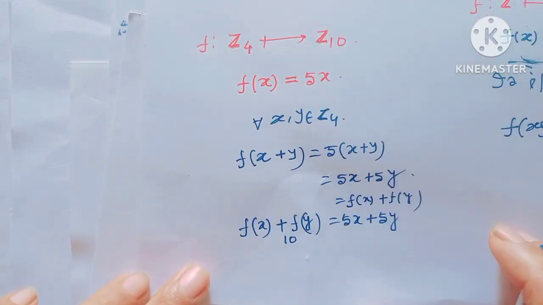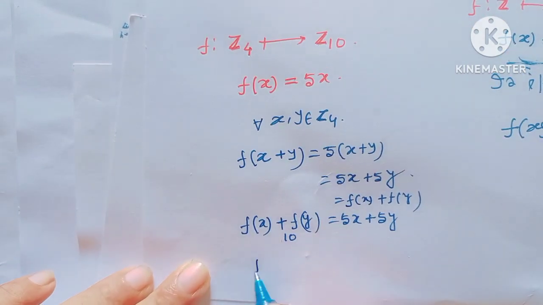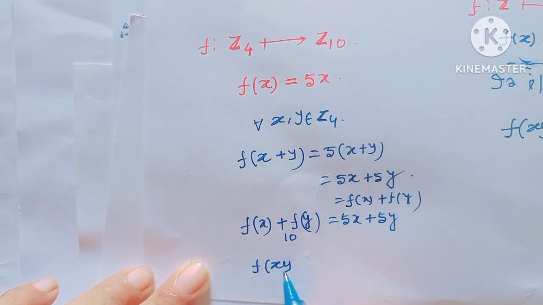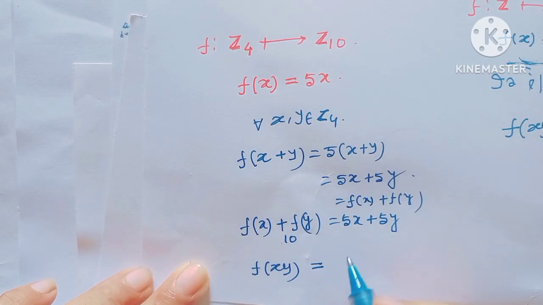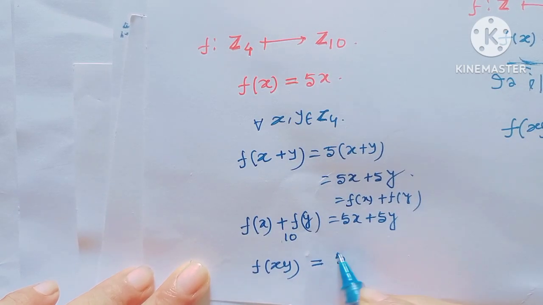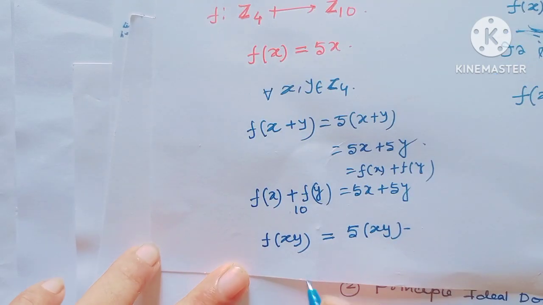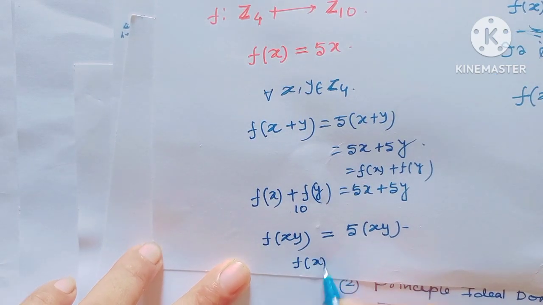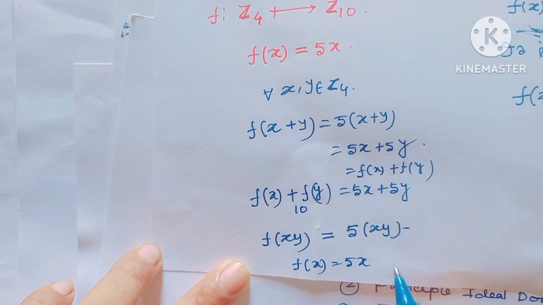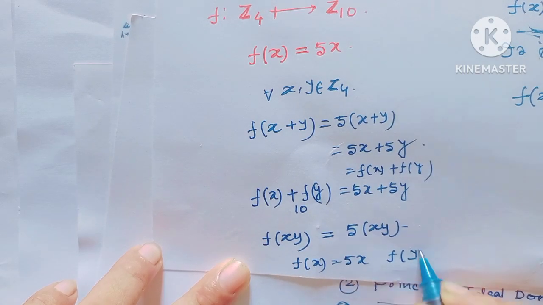Now I will see, is this a ring homomorphism? f of xy equals 5xy. And notice f of x equals 5x and f of y equals 5y.